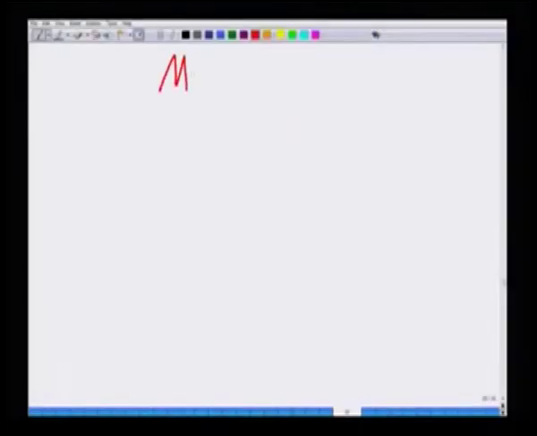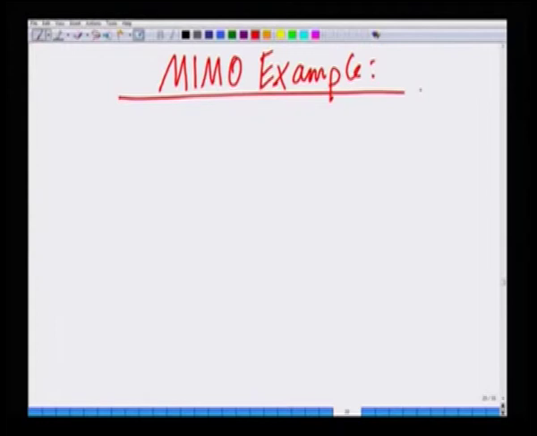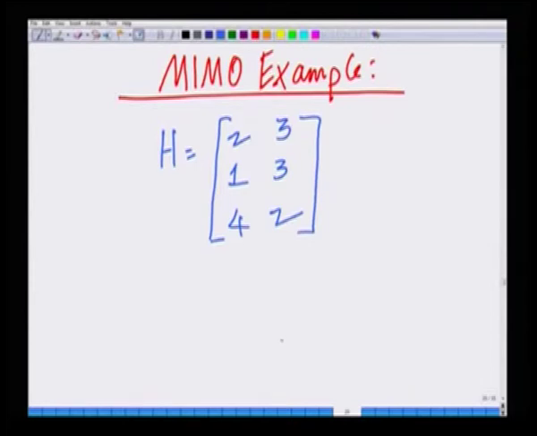So, let us do a MIMO example. I want to consider a MIMO channel which is given as follows: 2 1 4 3 3 2. This is my MIMO channel. We can see that this is 3 rows and 2 columns.